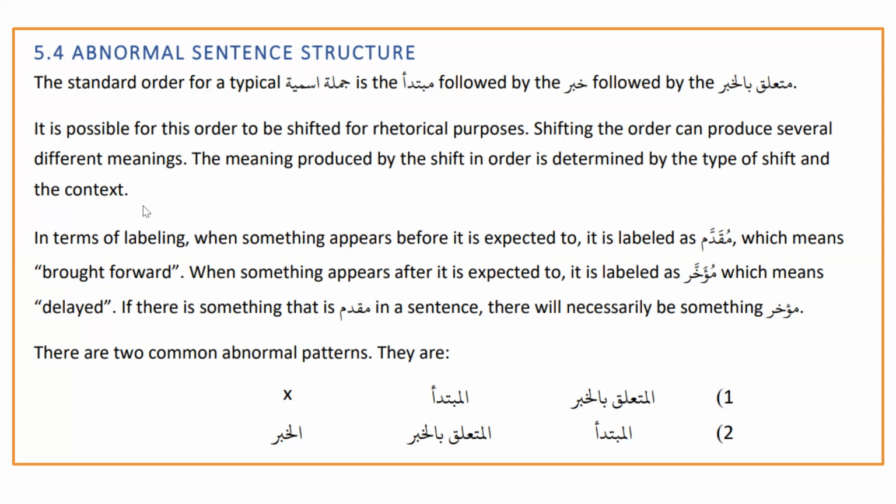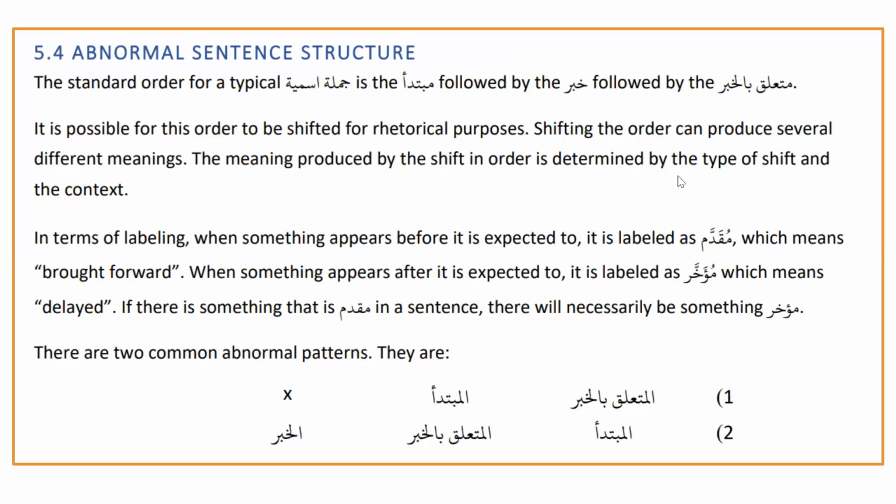So far we learned that the standard order for a typical Jumlah Ismiyah is mubtada followed by khabar, then followed by mutaliq bil khabar. It is possible for this order to be shifted for rhetorical purposes, like bringing some more meaning or emphasizing in the sentence.